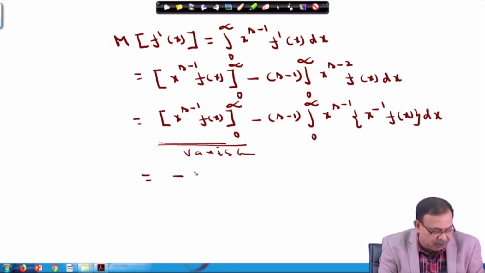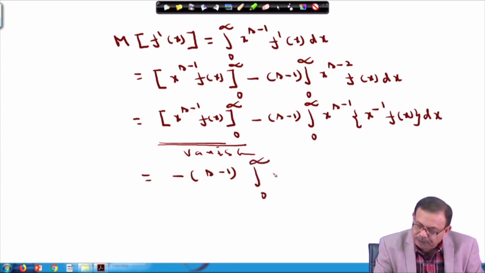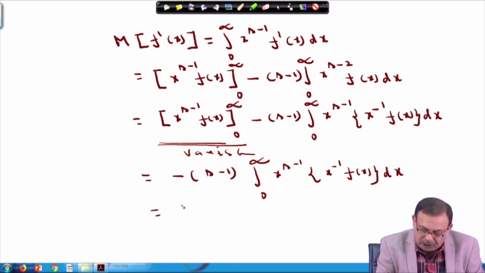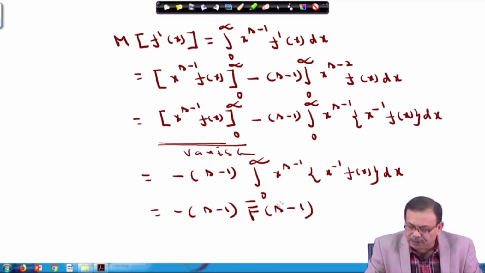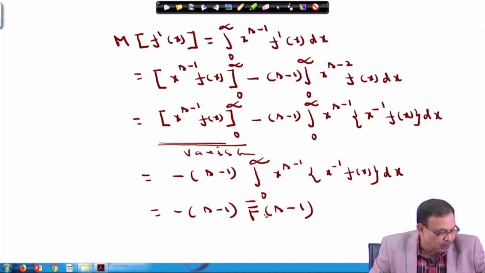Then this equals, simply, minus (s minus 1) times the integral from 0 to infinity of x to the power (s minus 1) minus 1 into f(x) dx, and this is nothing but minus (s minus 1) into F bar (s minus 1), from the definition of the Mellin transform, which is nothing but F bar (s minus 1).